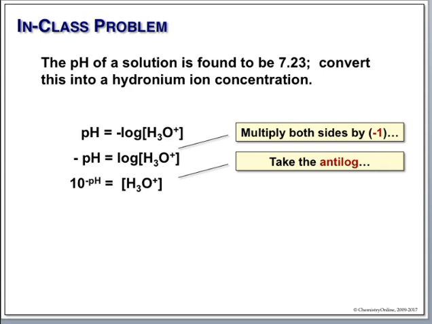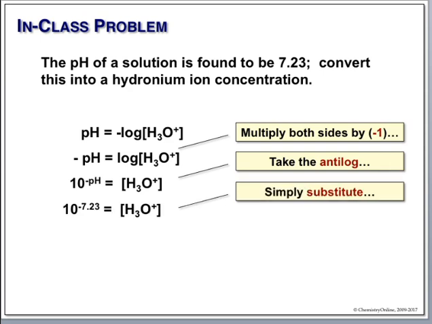The simple thing to remember, to write on the back of your hand: 10 to the minus pH is hydronium. So we simply substitute in here. We're going to do 10 to the minus 7.23 to get hydronium.